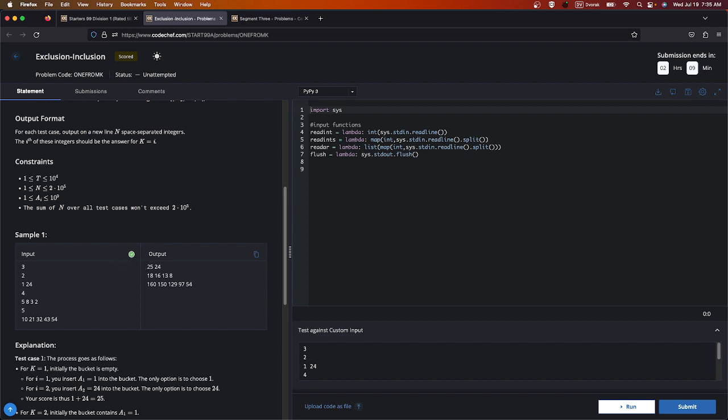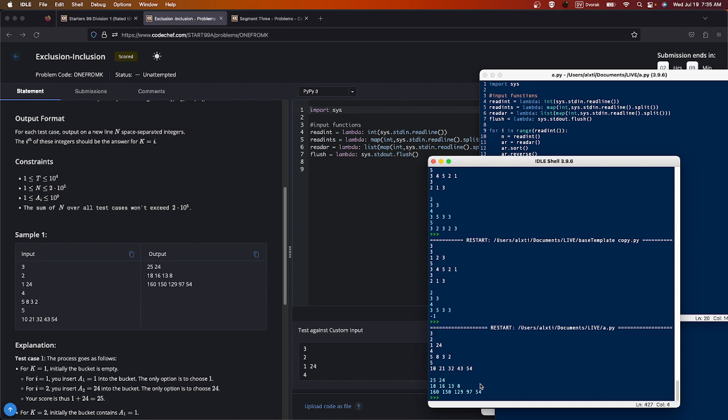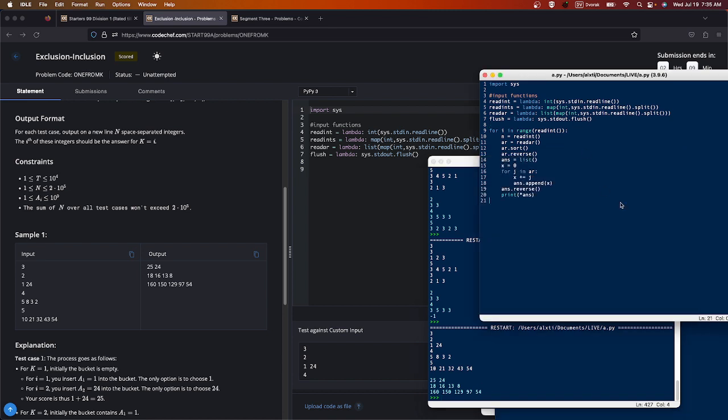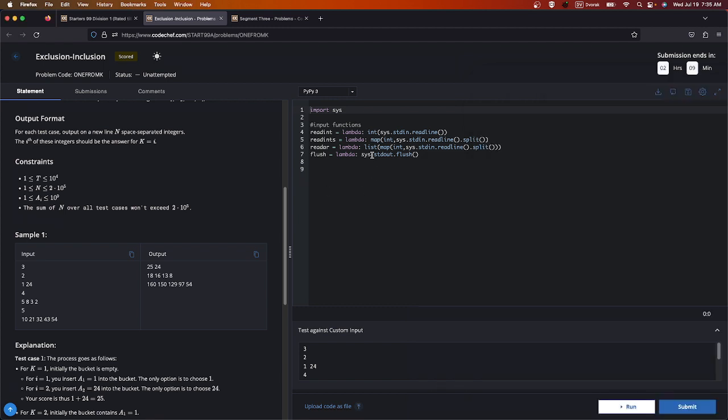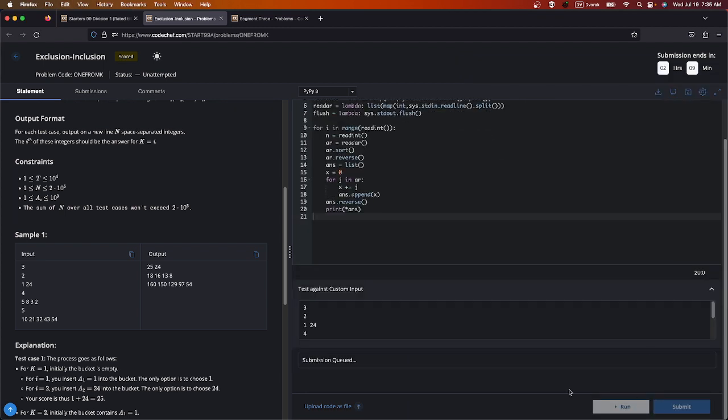This should get the test cases. You can always just take the largest values, the largest n minus k values. That's pretty much the idea here.